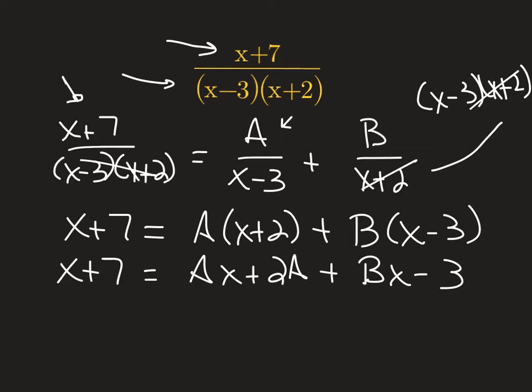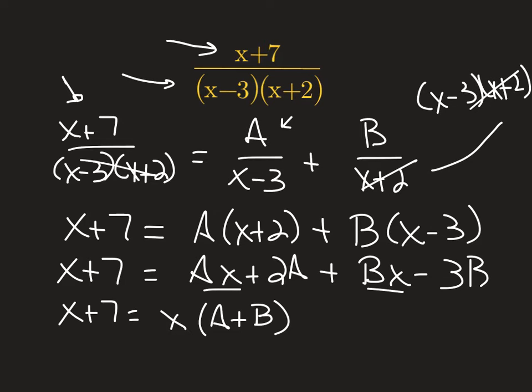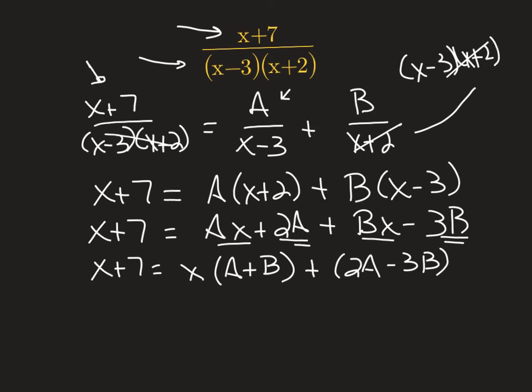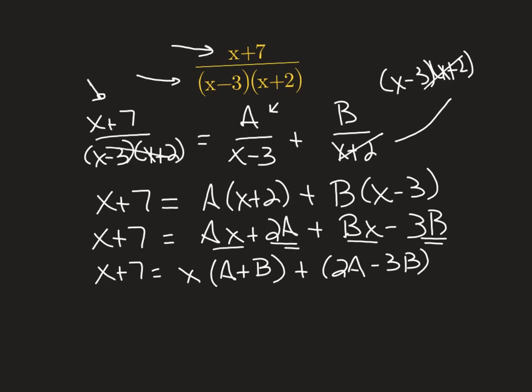Right now, I'm going to combine what I can. Watch how I do that. This term and this term both have x's, and this should be 3B right there. So my x coefficient would be A plus B if I combine my two x terms. These other two terms do not have an x, so I'm going to combine them also, and that's 2A minus 3B. This is not difficult at all, and this is why it's in this chapter, because you have to do a system to solve for A and B and to write your two fractions.